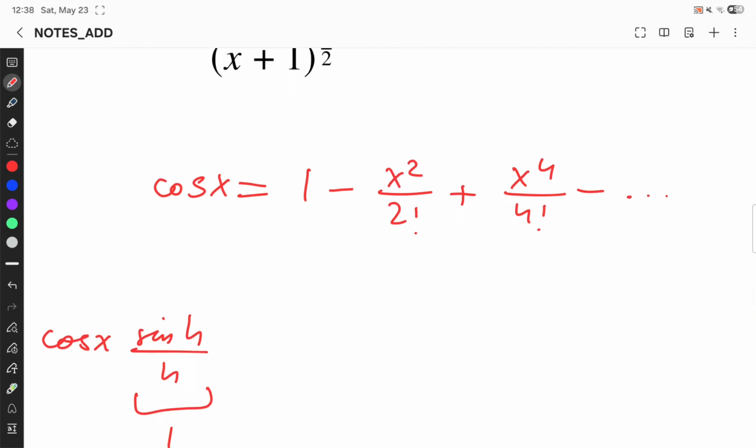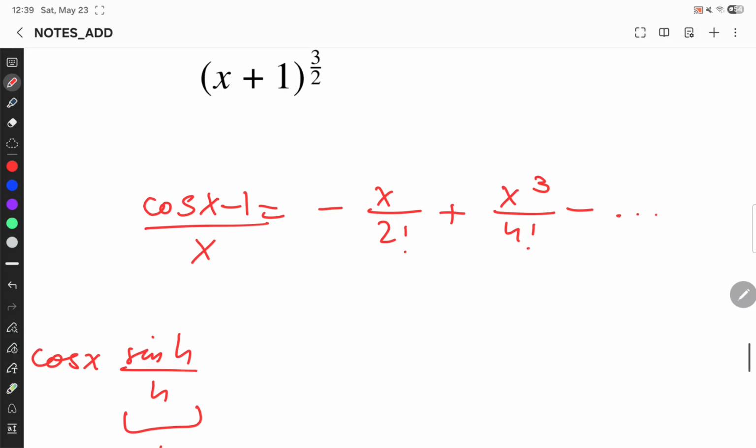Let's do some shenanigans. Here we want to factor out this 1, shifting it to the other side. Next, we divide by x. What do we get? This 1, 3, 5, and so on.